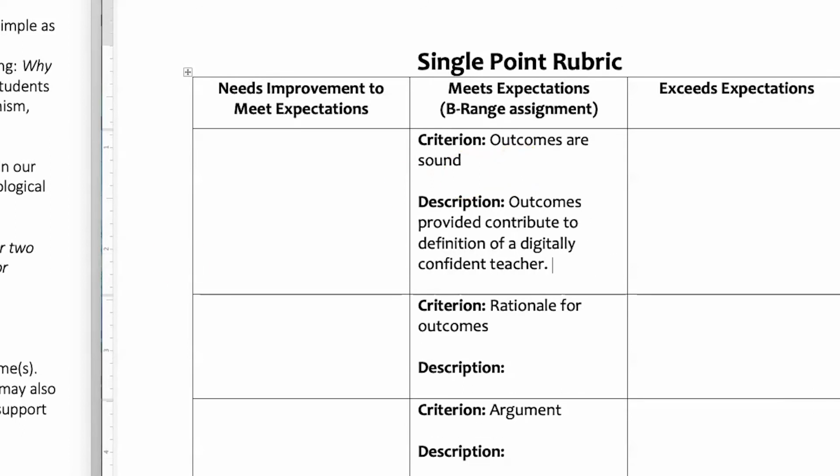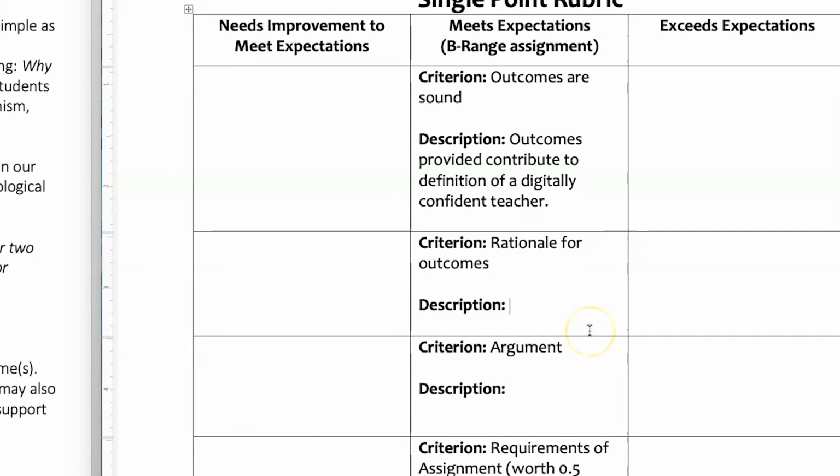This also connects to what outcomes should be added for digitally confident teachers. I'm saying, what else can we do here? Thinking about the outcomes, you could also include comments in here around the phrasing. You could also include comments around whether or not the outcomes further our understanding or if they are replicating what's already there. But let's move on to rationale just for time's sake.